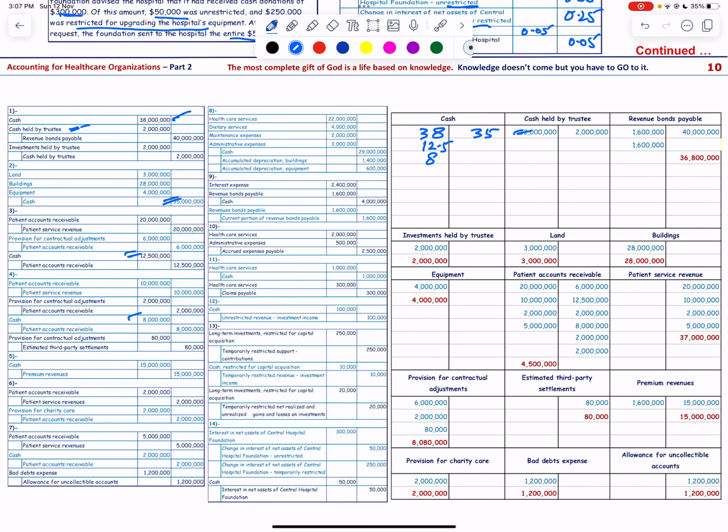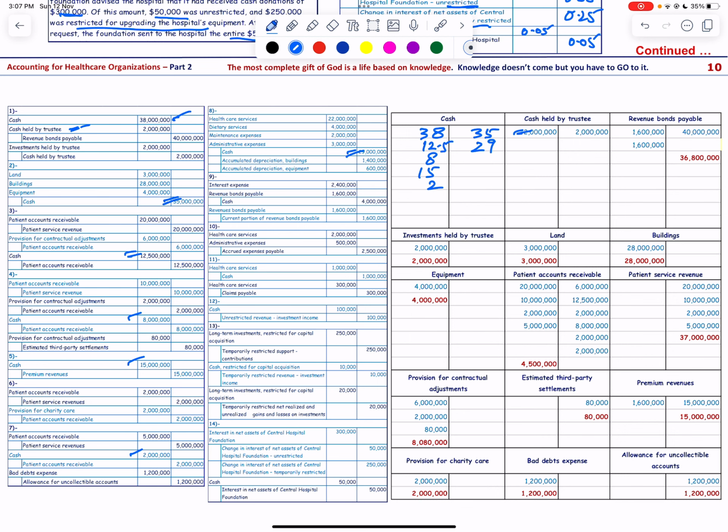Then we have cash for 15 million, and then we have cash for 2 million. Then we have cash, and that is credited by, there is one more cash here, that is 29 million.